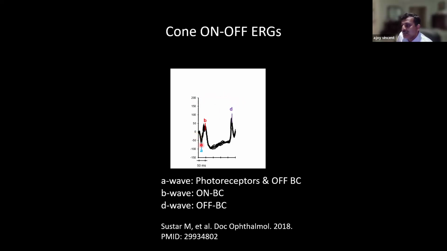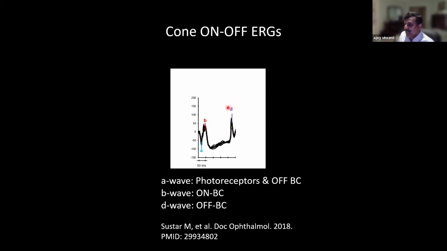What you see then, the A wave, is from the cone photoreceptors. You have the B wave, which is the positive wave, from the cone on bipolar cells, or on BC. And then when the light is turned off, you have another positive deflection, which is from the cone off bipolar cells, and that is denominated as the D or delta wave.